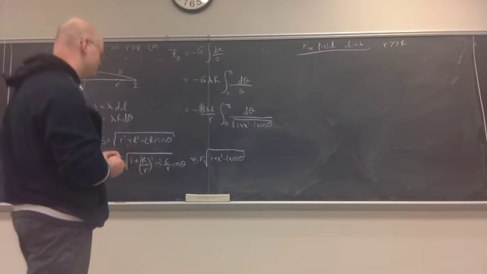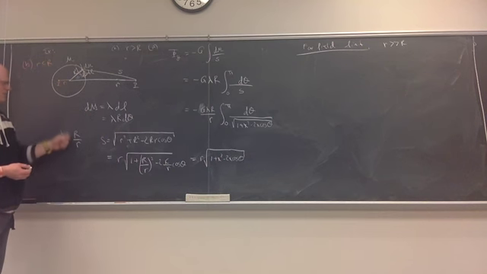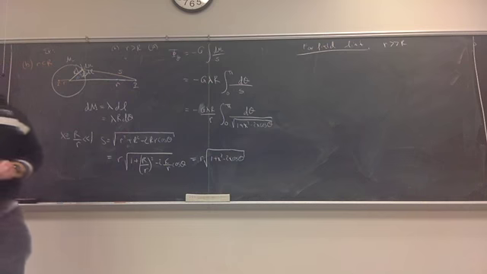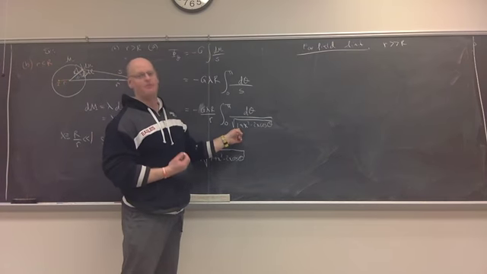That means x, which is defined as little r divided by capital R, is much, much less than 1, which allows us to Taylor series expand this denominator.